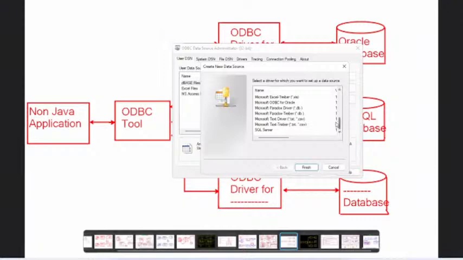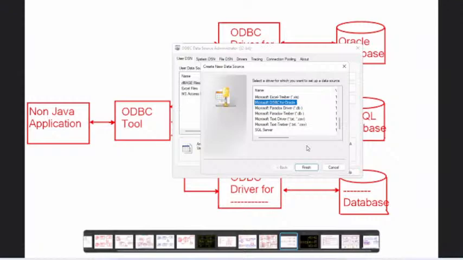If you want to connect to Oracle, you select this one. Suppose the MySQL driver is not there, you can download the ODBC driver for MySQL software from the internet. Whenever you download and install it, it also appears in this box.